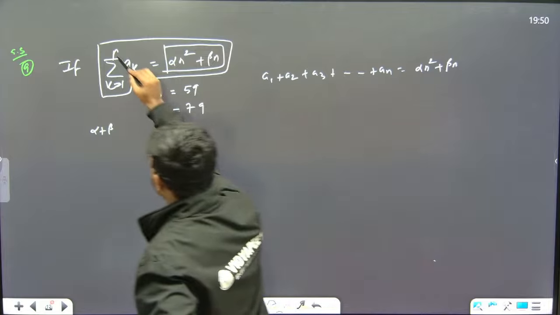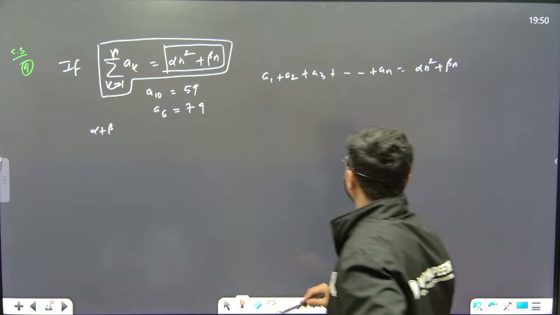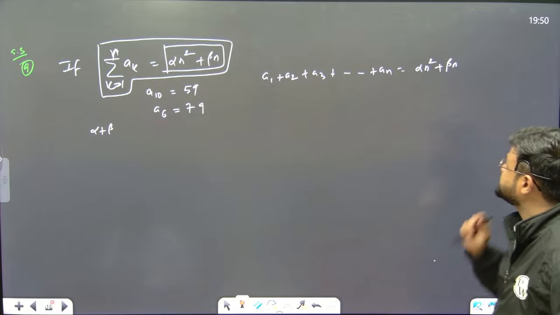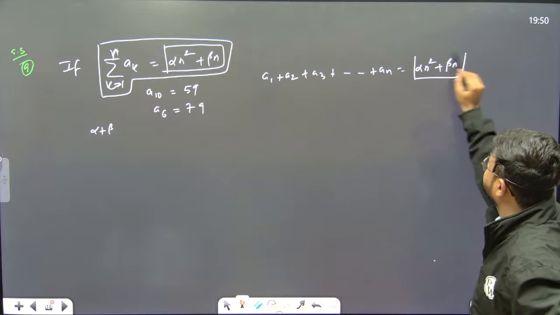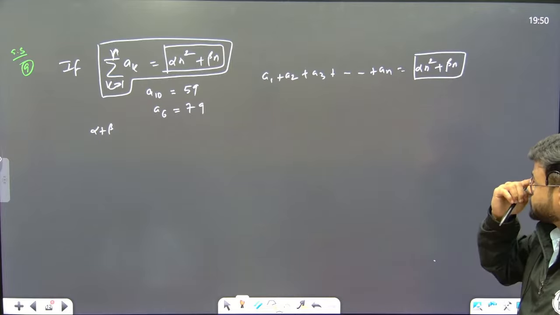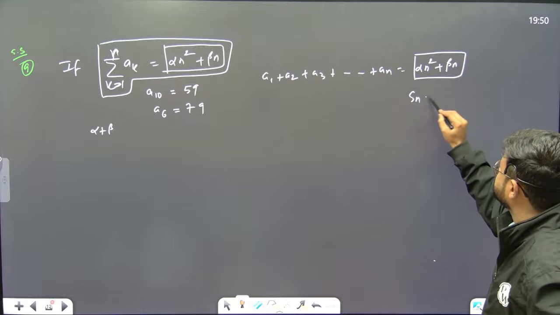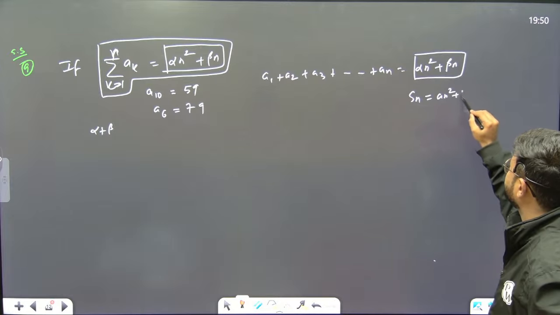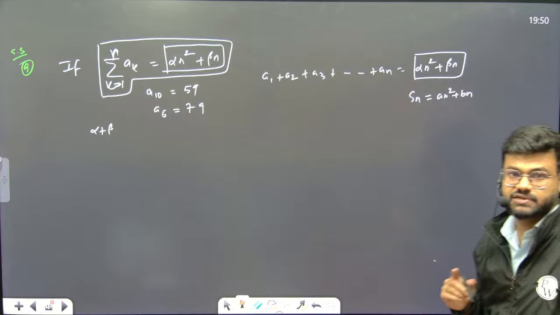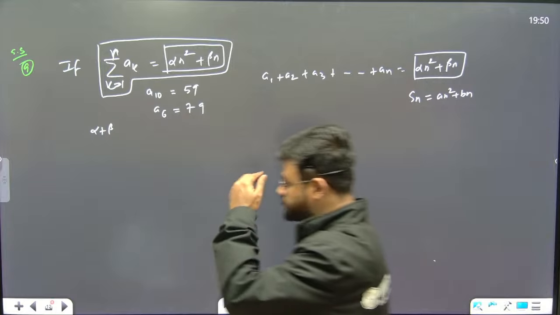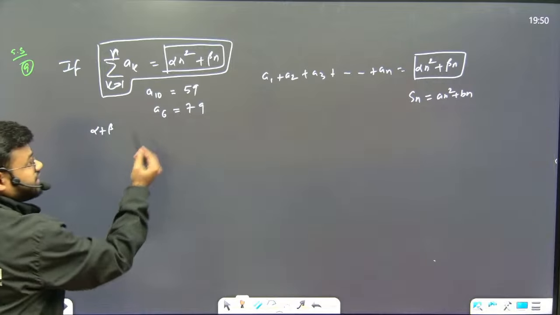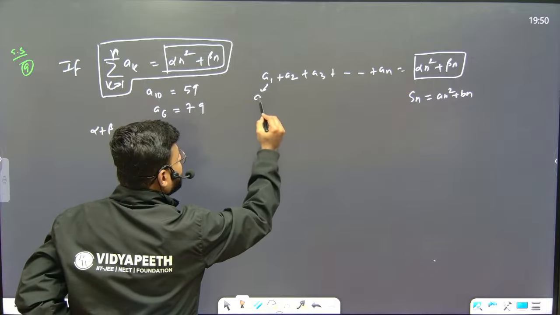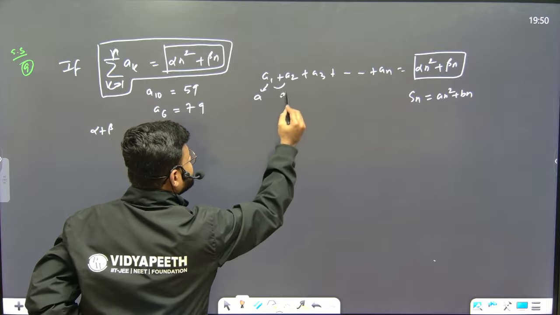The sum of n terms of a series is a quadratic in n where the constant term is not present. So if Sn is of the form an square plus bn, then that sequence must represent an arithmetic progression. So directly I will take a1 as a and the common difference of this AP as d.